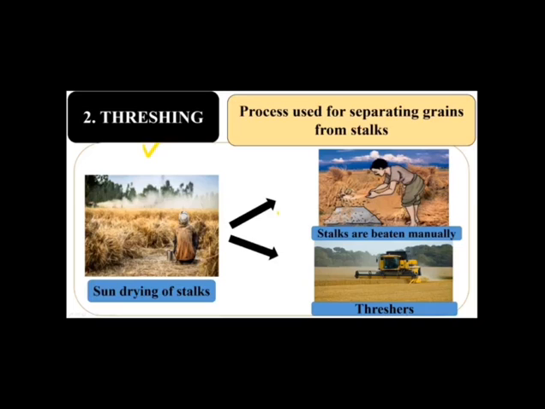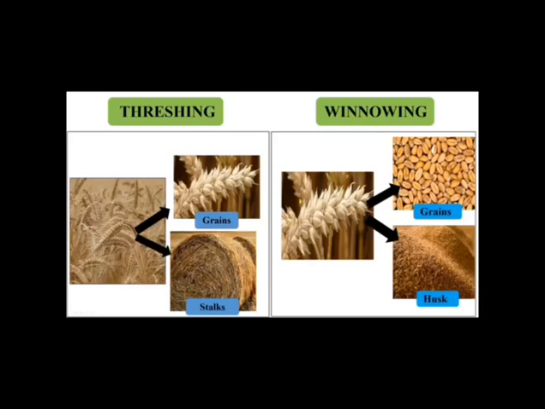So in threshing we separate the grains from the stalk of the plant, but in winnowing we separate the grains from the husk, that is also known as the covering of the grains. All right.